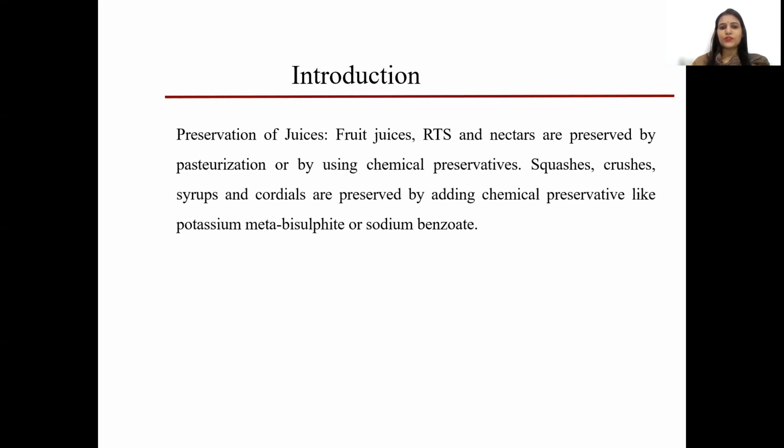In this preservation, we can use different chemicals, and we can also apply heat treatment for the preservation of these fruit juices. And yes, we can use the pasteurization method also. In my next lecture, I will explain the difference between pasteurization, sterilization, and UHT.